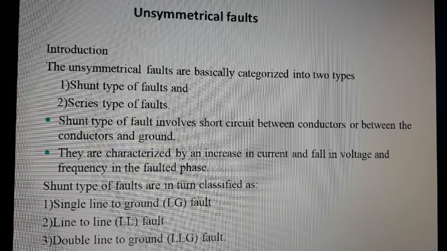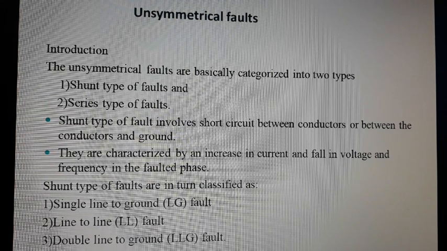Shunt type of faults involve a short circuit between the conductors or between the conductors and the ground, and they are characterized by an increase in current and a fall in voltage and frequency. Shunt type of faults are in turn classified as single line to ground fault, line to line fault and double line to ground fault.